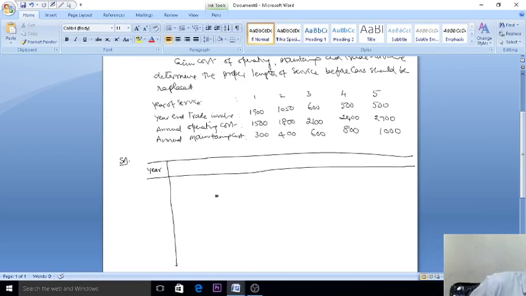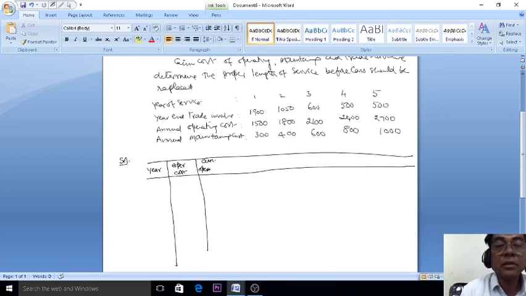Here the next column is operating cost, then total operating cost, cumulative, same thing. Then cumulative resale value or scrap, whatever it is. Resale value or scrap.